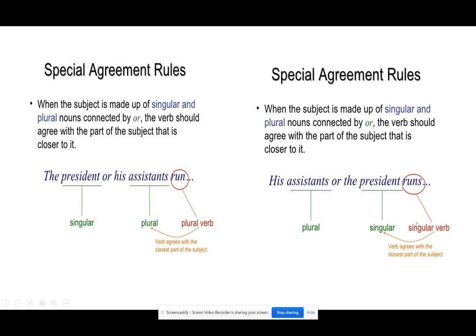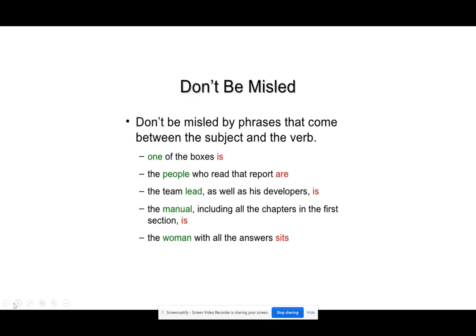Now remember our rule, if we have a singular subject, does not end in S, then our verb, the singular verb, does end in S. Look over here at this first one. Assistants has an S, so our verb does not have an S. So I hope you're seeing the consistency in that pattern.